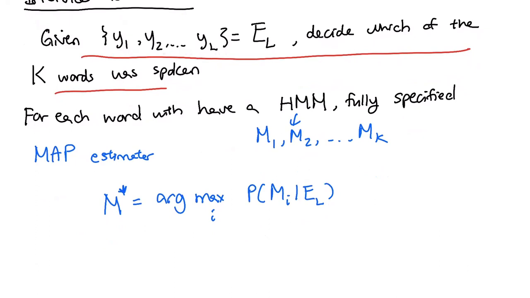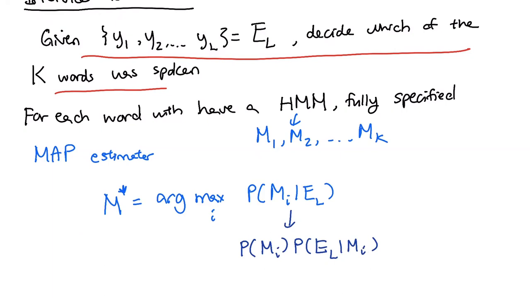But this means that to specify the posterior distribution, we have to specify the prior distribution of what the model is.